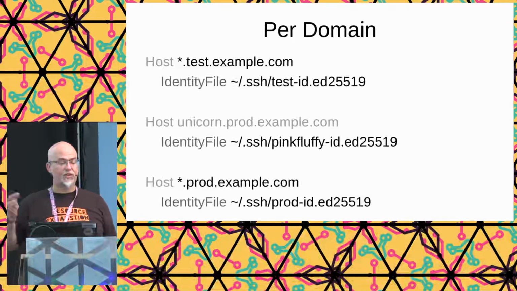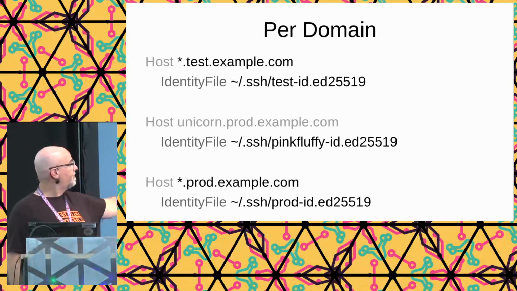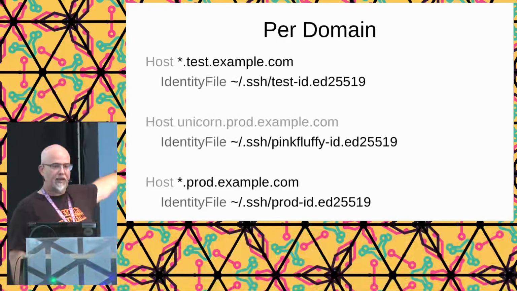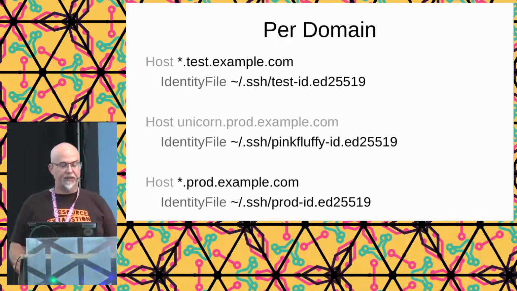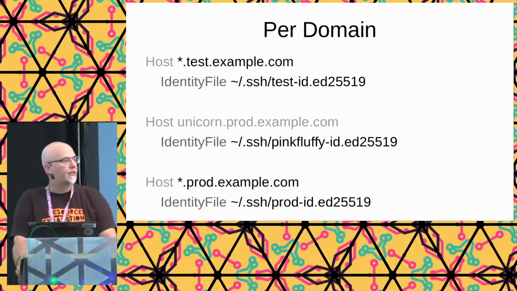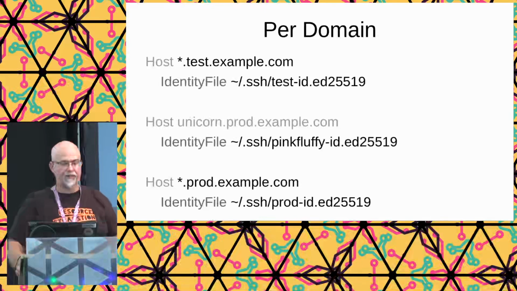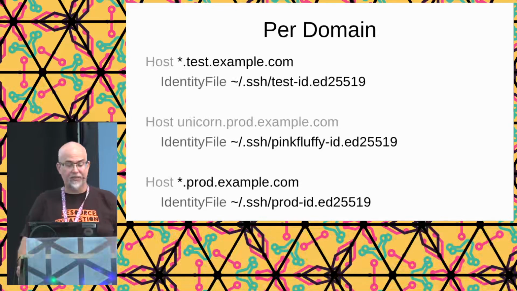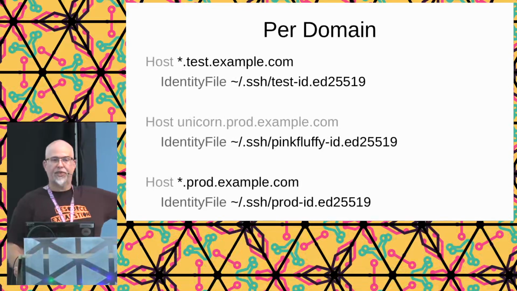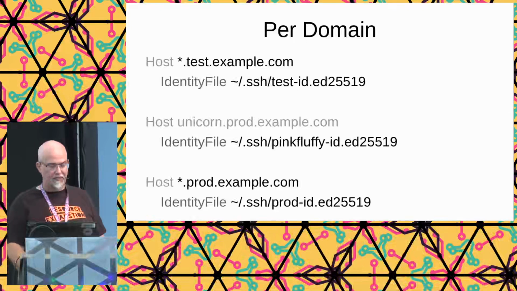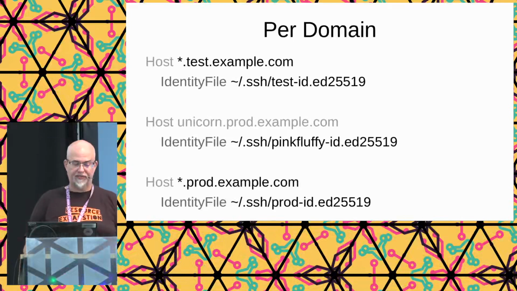But for one server, which is unicorn.prod.example.com, it will not take the prod ID at the bottom because I have a more specific entry above that, and it will take the pink fluffy ID as the private key for that particular server. And for all the servers that are within the test.example.com domain, it takes the test ID private file. So this is something you can easily set up. And again, more general stuff at the bottom, more specific stuff at the top.